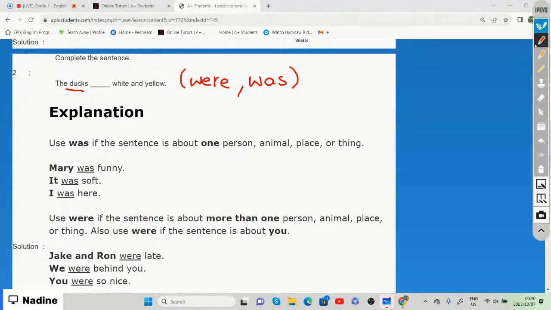So we need to choose the correct one. The ducks were or the ducks was.